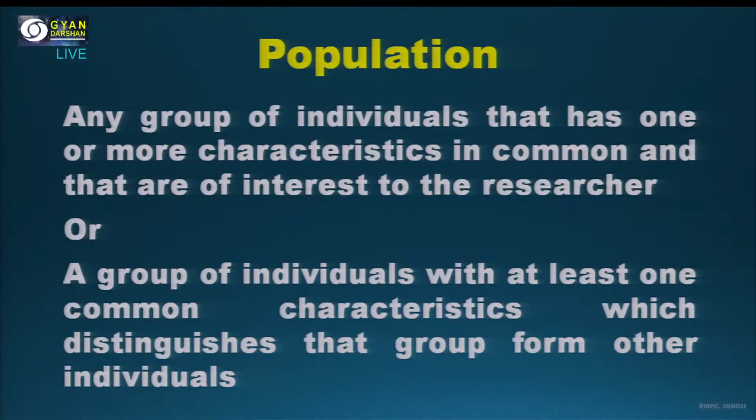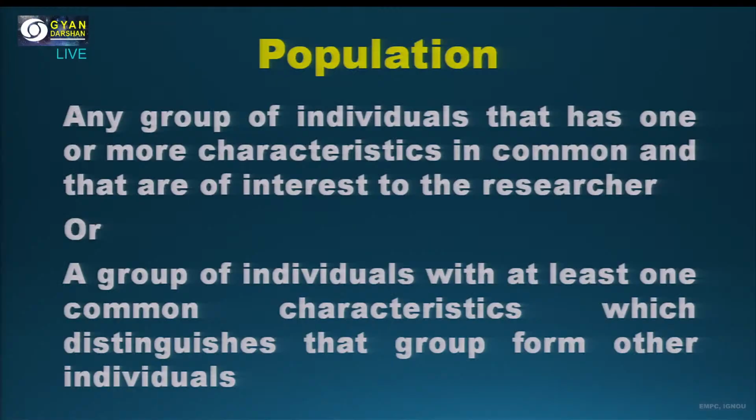Likewise, BA Economics third year students will have some common characteristics. That group of individuals we call the population. This is going to be the population of your study. So in the beginning of your research work, you will have the population.